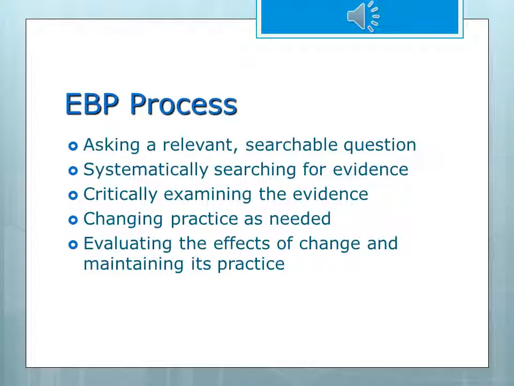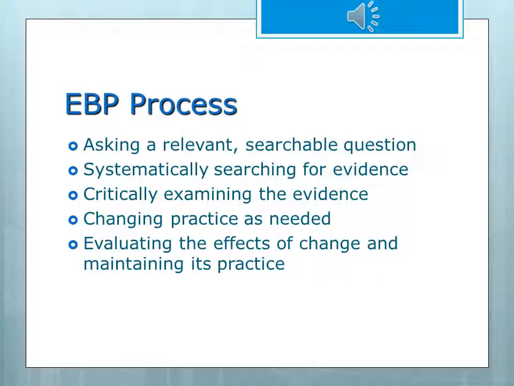So you're going to go and you're going to do a review of the literature, usually through multiple databases, and you're going to keep track of what search terms you're using through that process. You're going to examine the evidence and evaluate its relevance to your topic, how recent it is, whether or not they had any threats to validity, what type of data did they have, was it significant, were their methods good.